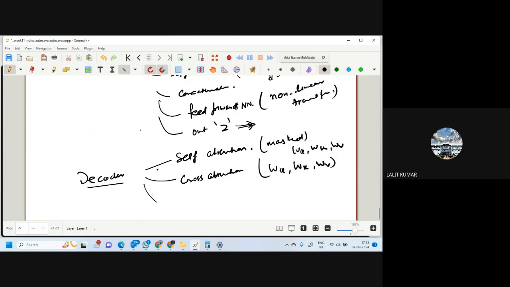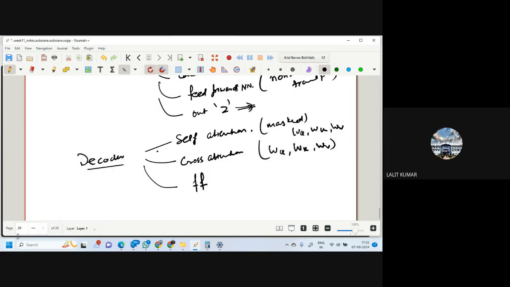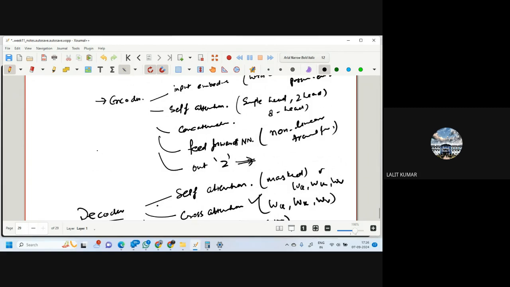Once I have done the cross attention, I pass it to the feed forward network. After the feed forward, I pass it to the linear layer, and after the linear layer, I pass it to the softmax to get the output. Here I have parameters, and similarly in the encoder, I have parameters in the W's and the feed forward network.